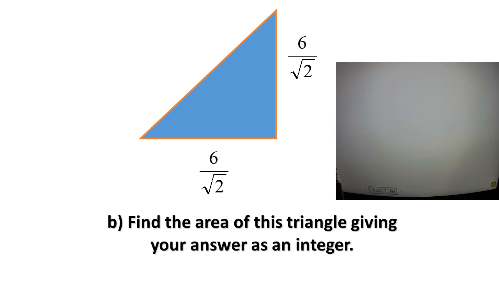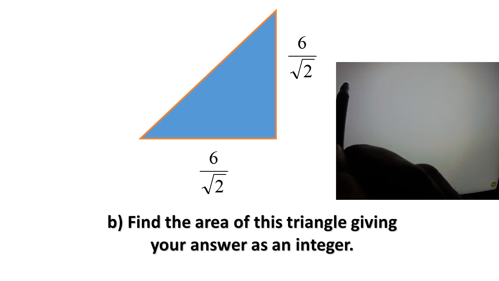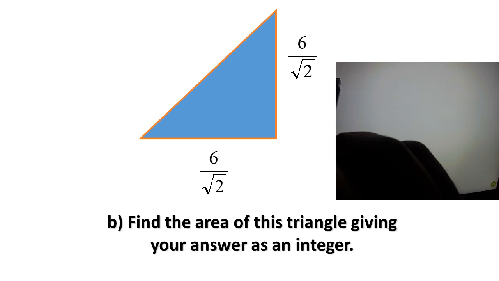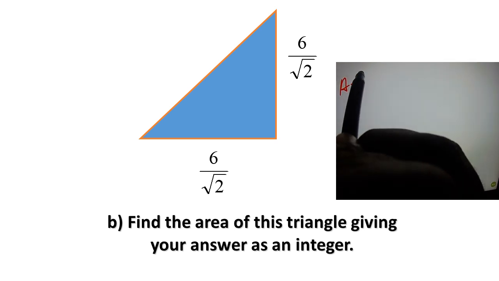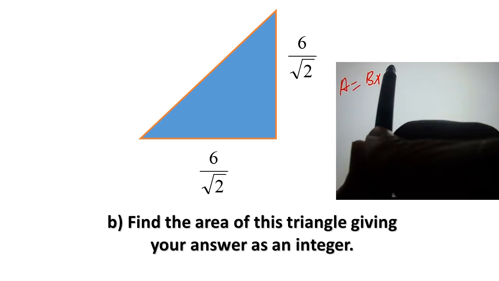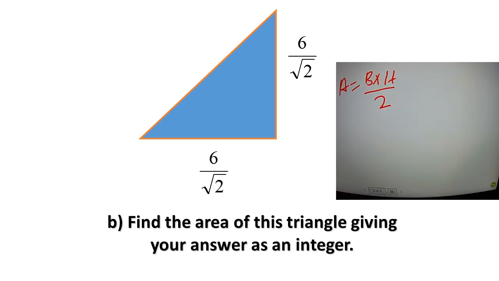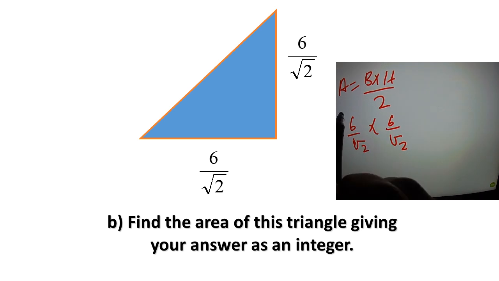So the area of a triangle is base times height divided by 2. So in this case you've got 6 root 2 times 6 root 2, all of that I need to halve.